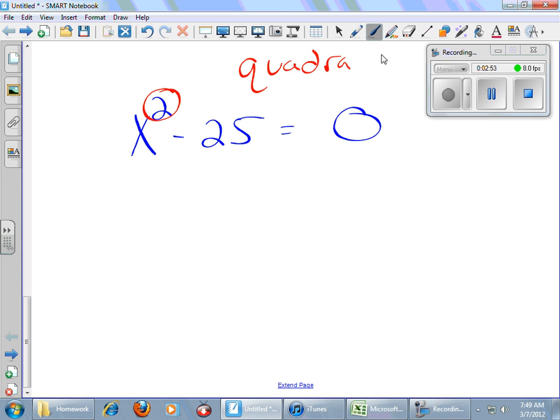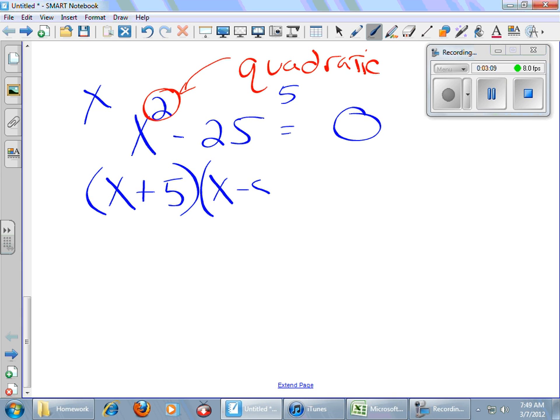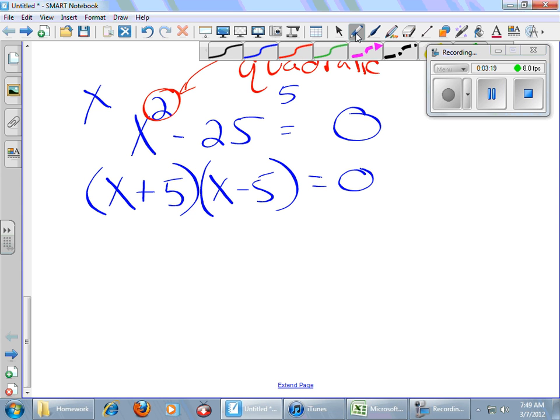So to solve this, we're going to factor the left-hand side. I know it's the difference of squares. I know the square root there is x, the square root there is 5. This is going to be the quantity x plus 5 and the quantity x minus 5, and that equals 0. Based on what I just said, either this equals 0 or this equals 0.